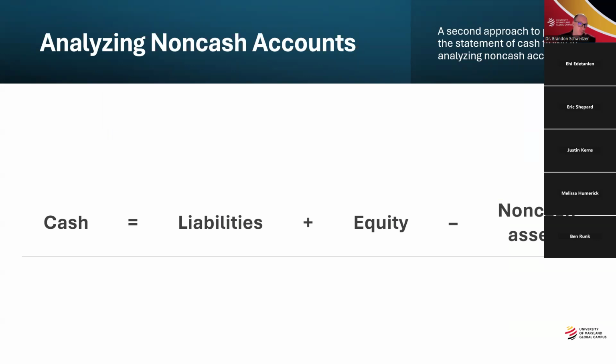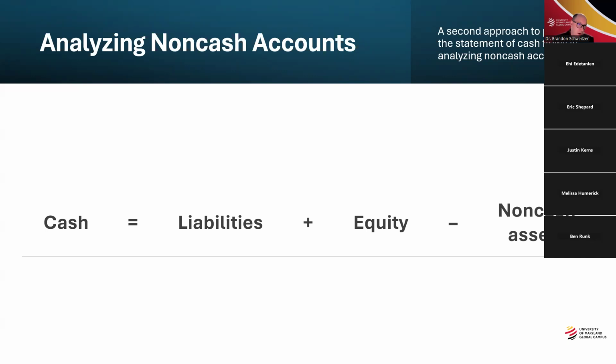There are a couple of methods that companies commonly use in order to prepare the financial statements, especially this statement of cash flows. One of those approaches to preparing the statement of cash flows is to analyze the non-cash accounts and draws on double entry bookkeeping.